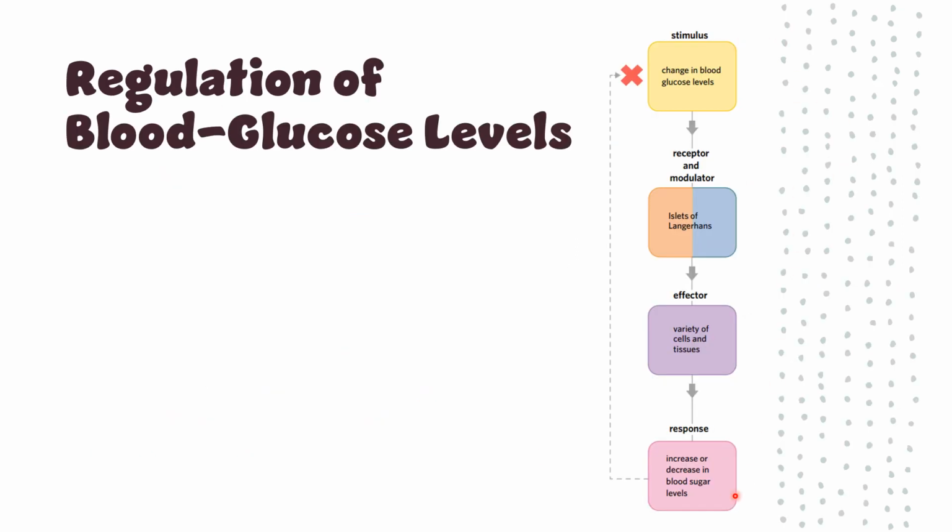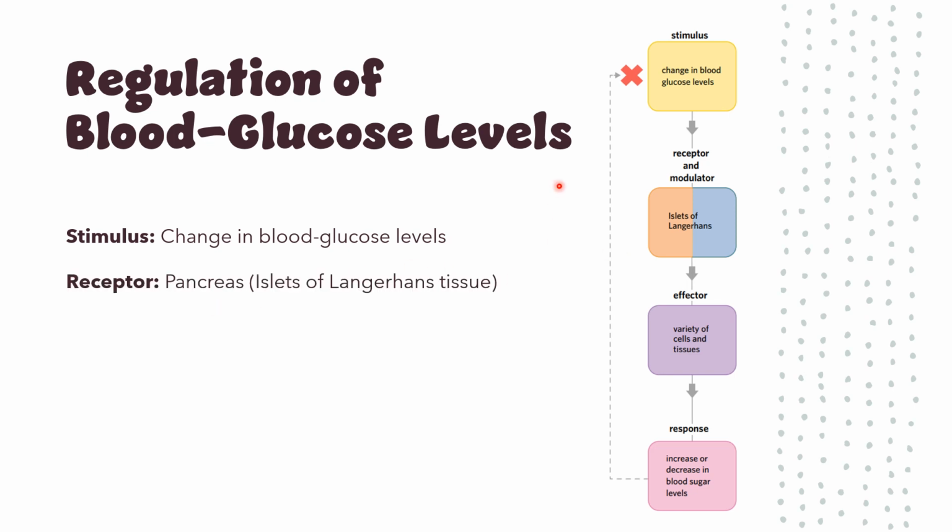We have our stimulus response model here, right? For homeostasis in terms of blood glucose regulation, the receptor and the modulator is something called the islets of Langerhans, which is a tissue in your pancreas. So the receptor and the modulator are the same thing. So let's have a deeper look. Stimulus, we've got a change in blood glucose levels.